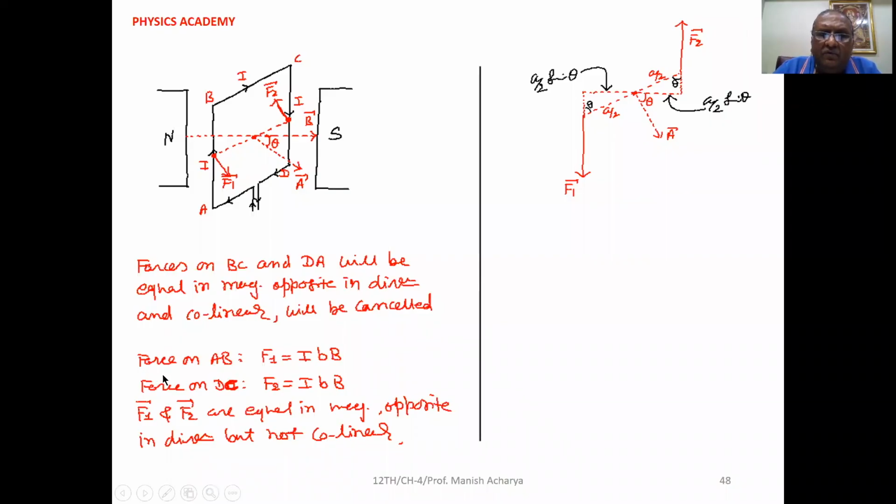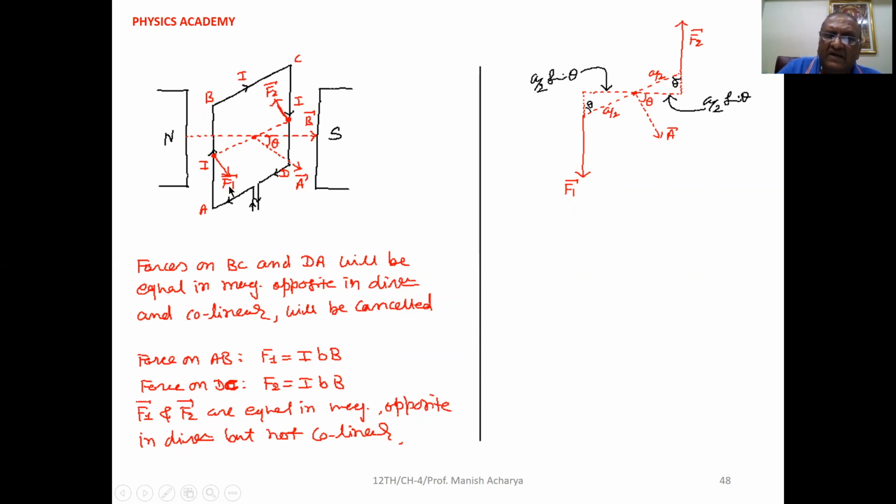Now if we take the force on AB, the field is in horizontal direction here, so suppose it is in x direction, then in AB the current is in y direction, the side AB is b, so force F1 is IbB, current element and B are perpendicular to each other, so sine 90 is 1. Similarly, force on this CD part of the loop is also IbB.